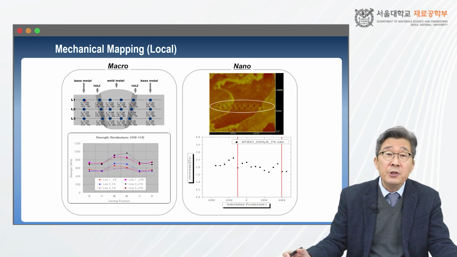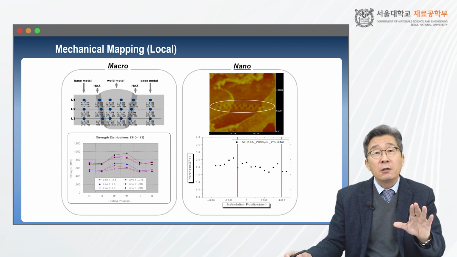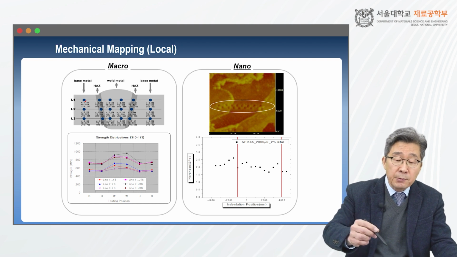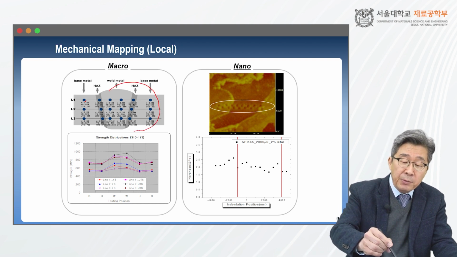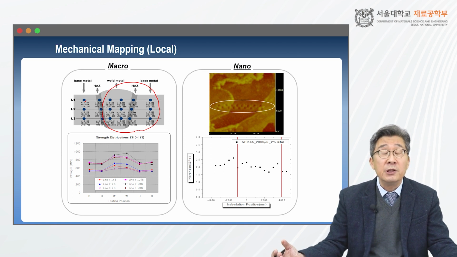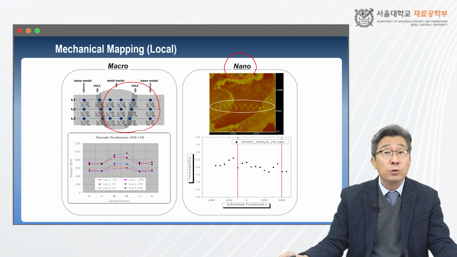Actually, the mechanical response of indentation comes from the local area close to the indentation site. This local mapping capacity of instrumented indentation testing makes possible mapping of mechanical properties non-destructively, especially in the case of weldments, and in the nano-range evaluation too.